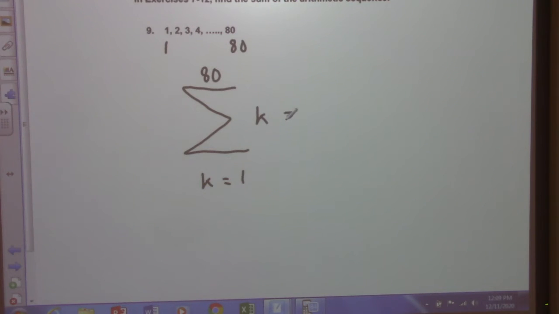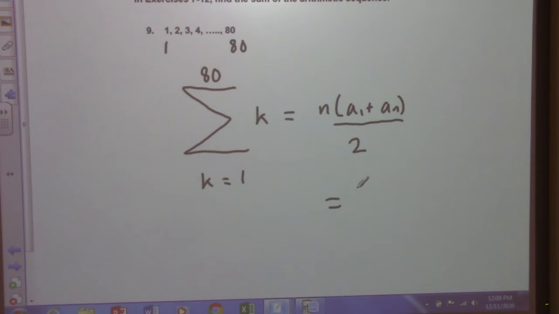And so what do you get for your answer on this one? I got 160. Okay, what you should do, it should be equal to n times a sub 1 plus a sub n over 2.